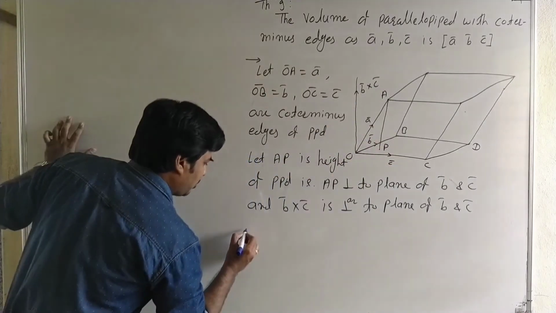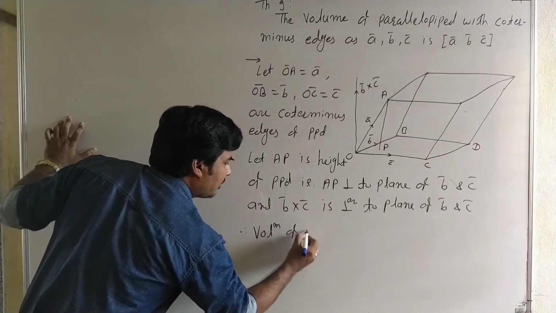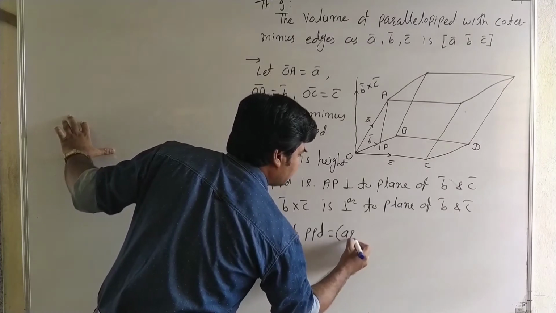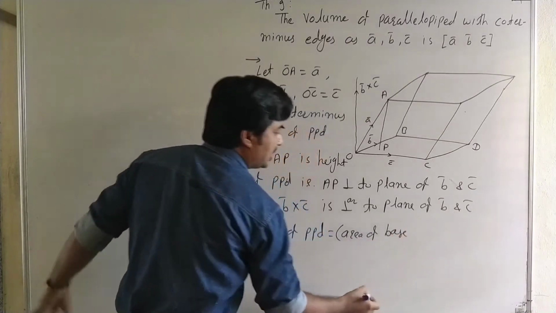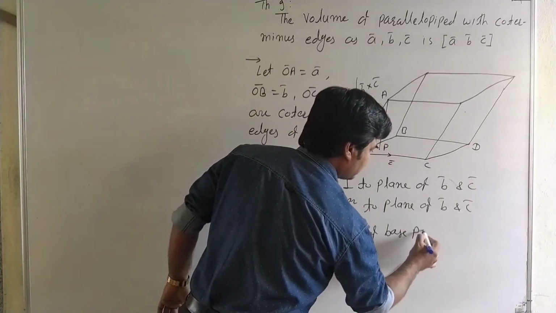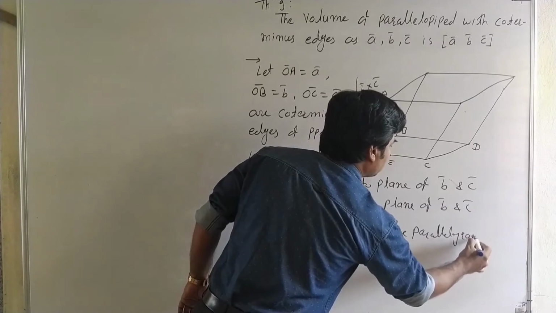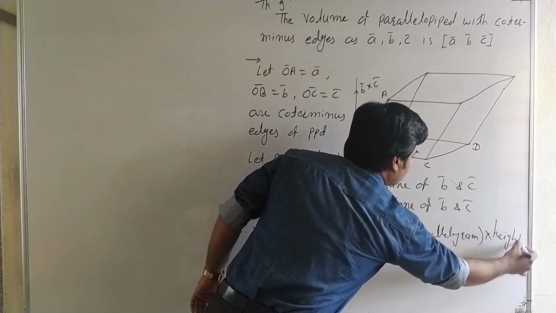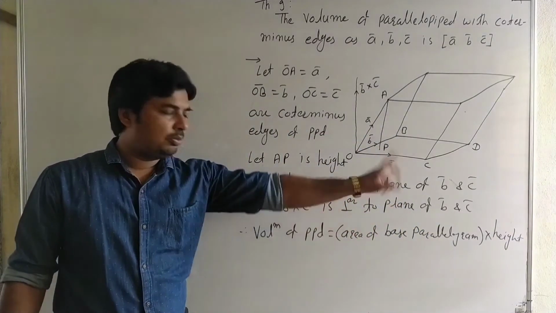Therefore volume of parallelepiped is equal to area of base parallelogram into height. It is the volume of the parallelepiped, area of the base parallelogram into height.